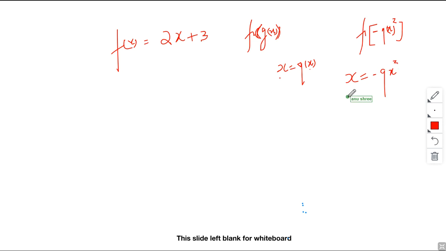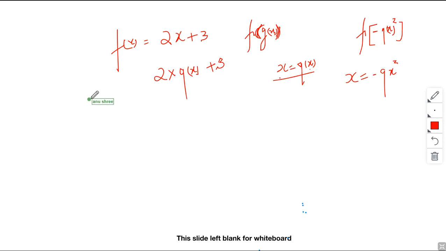So whatever is inside this bracket is always equal to x. That means in place of x I have to write g(x). So it's 2 multiplied by g(x) plus 3. Is this clear?